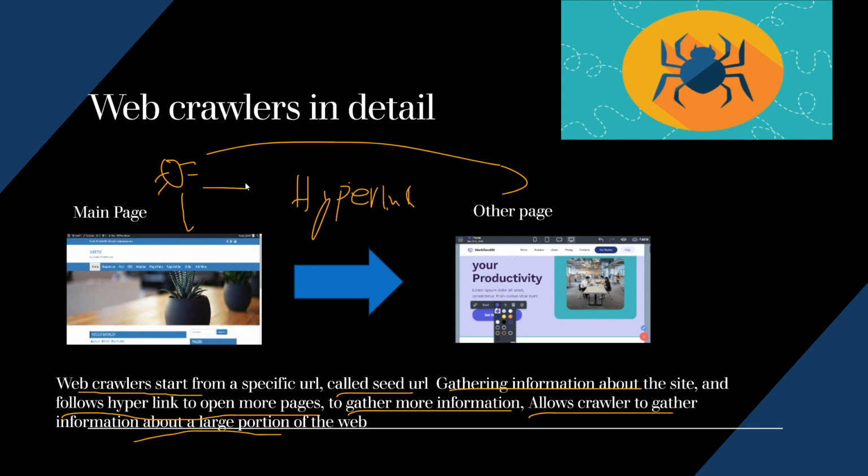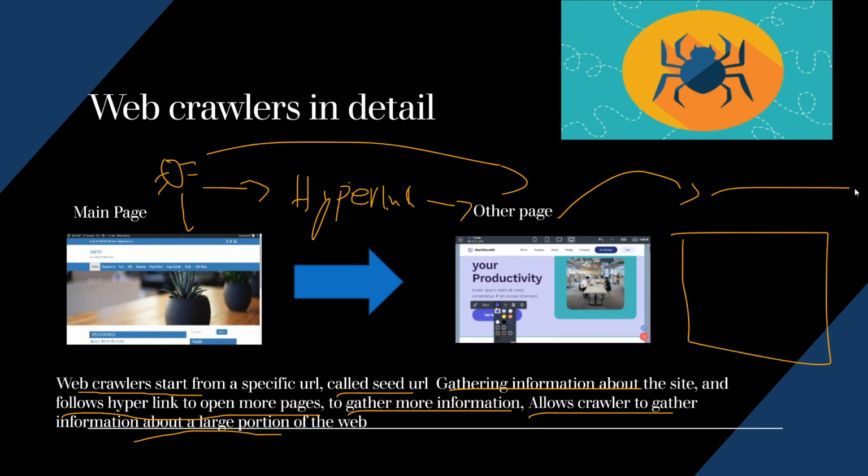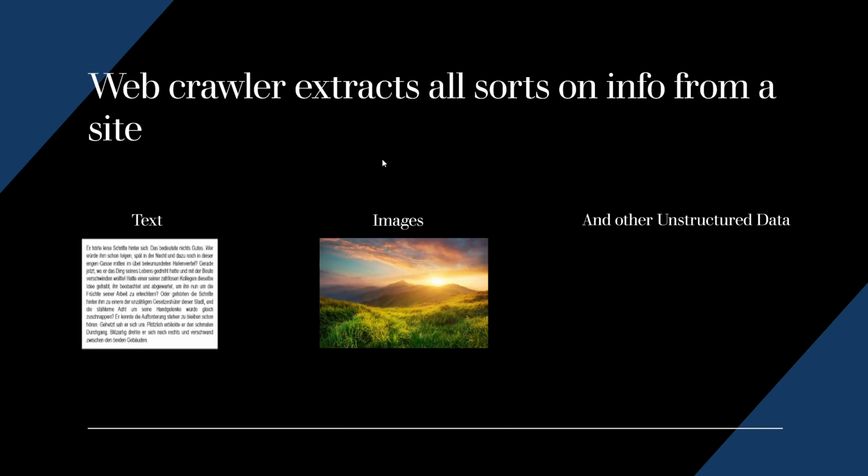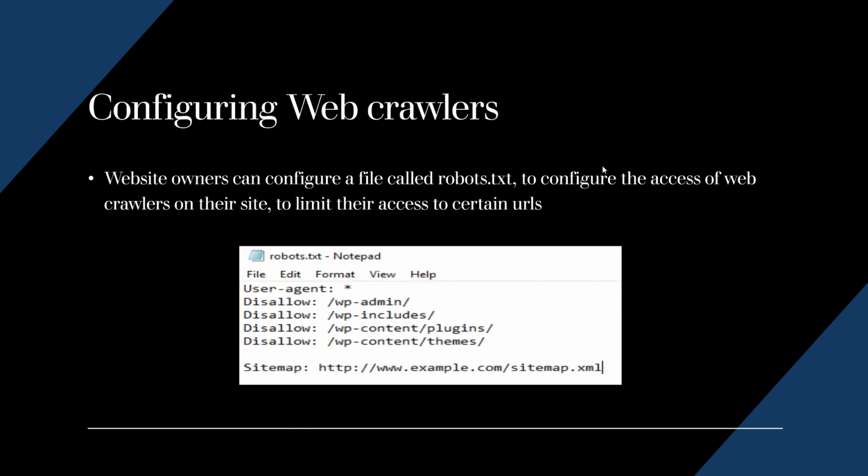It will go through the hyperlink, which will take it to another page, and it will do the exact same thing again and again. And this helps the crawler to gather information about a large portion of the web. A web crawler extracts all sorts of info from a site, like text, images, and other unstructured data.